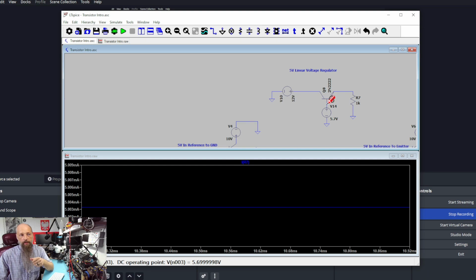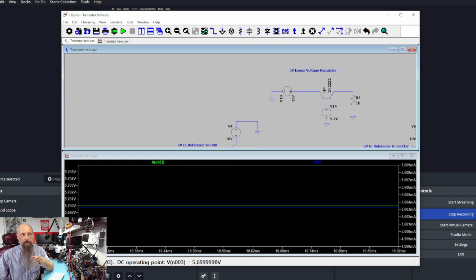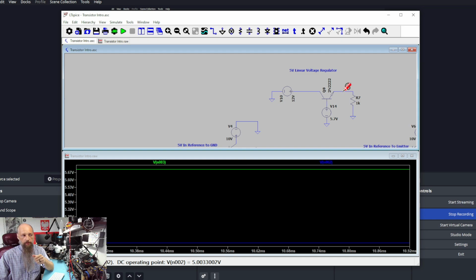Now, why do we have to supply 5.7 to the base to have 5 volts on the emitter? Where is that voltage drop coming from? The easiest way to understand it is when you visualize the connection between the base and emitter as a diode. There's going to be roughly 0.6 volt drop on every diode.